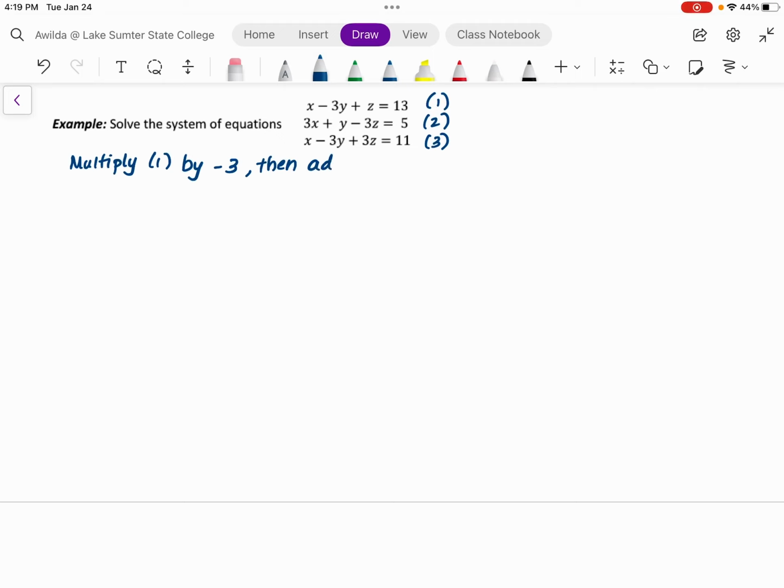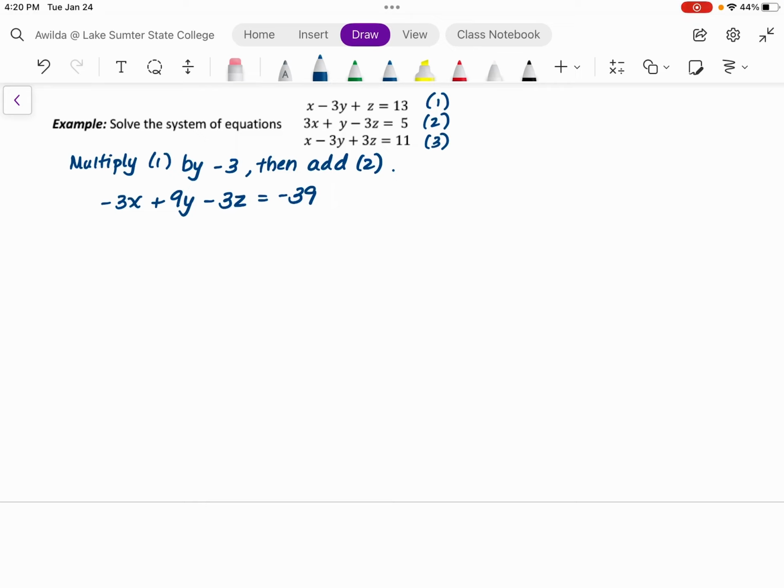Then I'm going to add it to equation 2. So when we multiply the first equation by -3, we have -3x plus 9y minus 3 times z equals -39. I didn't show all the work here, but you may want to do that on your own paper.